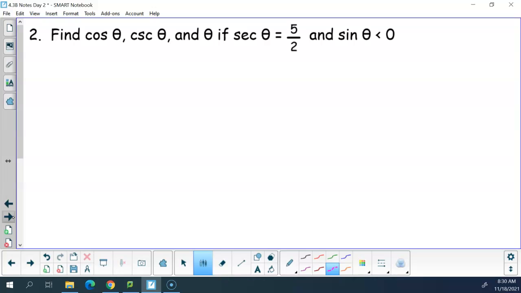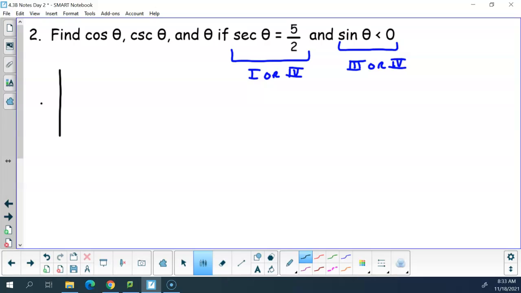Okay. Try that one. Okay. So this tells me I'm in quadrant 1 or 4, right? This tells me that I'm in quadrant 3 or 4. So I'm in 4. Okay? So I'm going to draw myself a quadrant 4 triangle. This now is my theta prime, right?